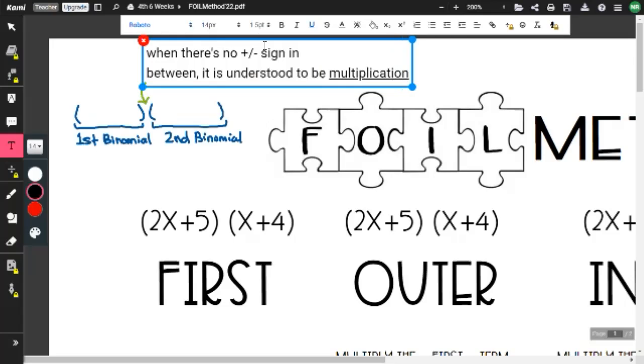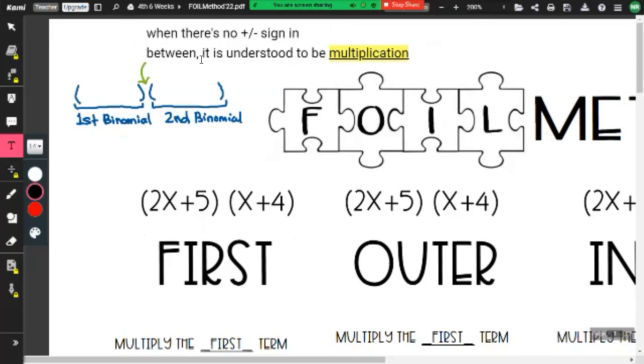When there's no plus or minus sign in between the parentheses, that is because it is understood to be multiplication. I'm going to highlight this. Okay, that is one of the things that you're going to need to know while we're working these out.